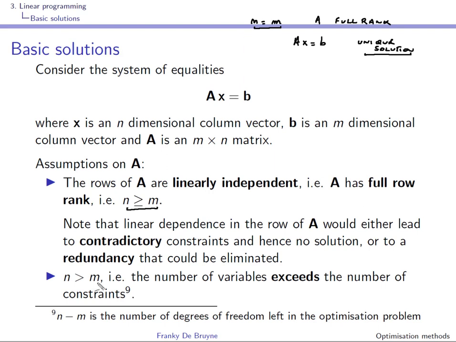So in the next slides, we'll assume that n is larger than m, so the number of operational variables exceeds the number of constraints.